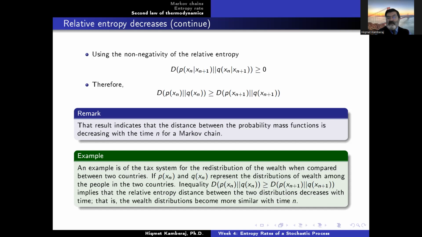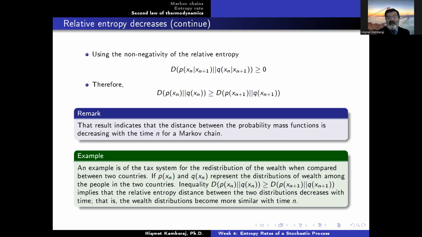How could you practically interpret this? This has consequences in different fields. One of these could be economics. For example, consider the tax system for the redistribution of wealth when compared between two countries.